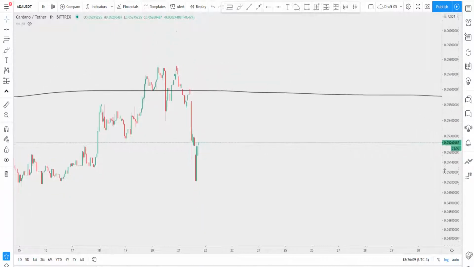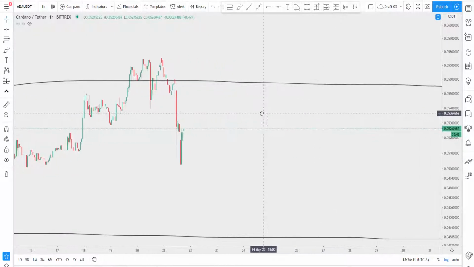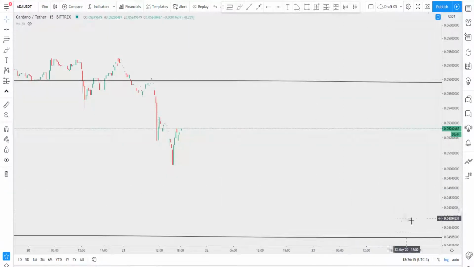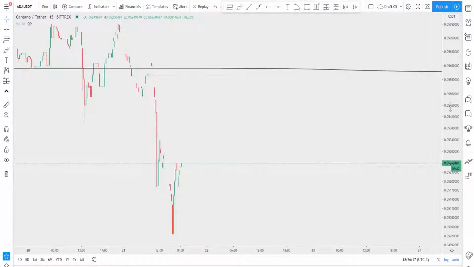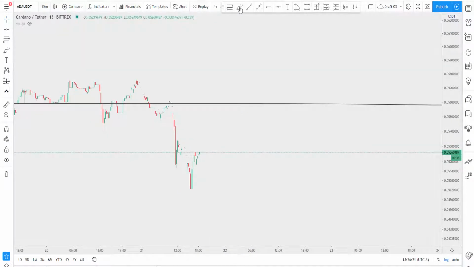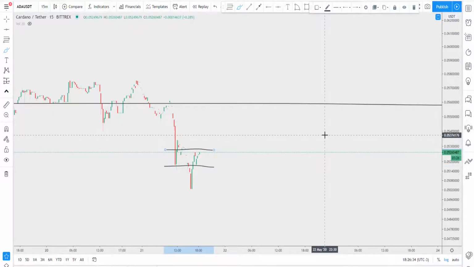So I'm going to show you something here, but we won't be able to see it on the hourly. Let's take a look at the 50 minutes. Here you can check the similarities in this scenario. You can open your Bitcoin chart in the same time frame and you will find the same pattern.